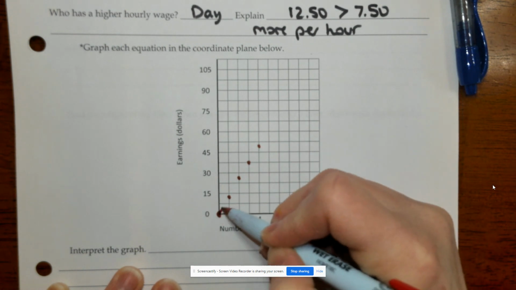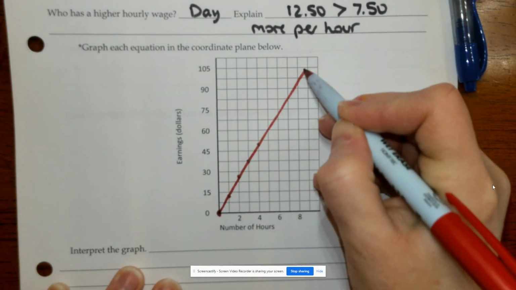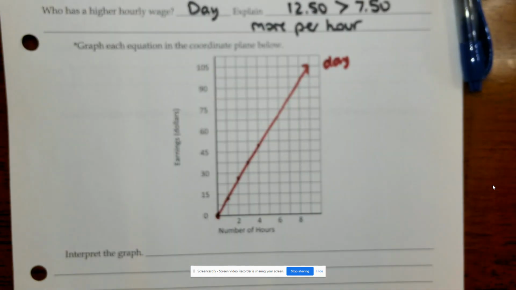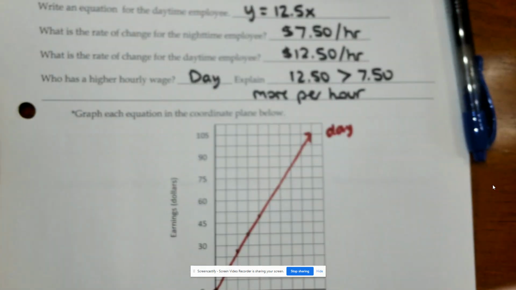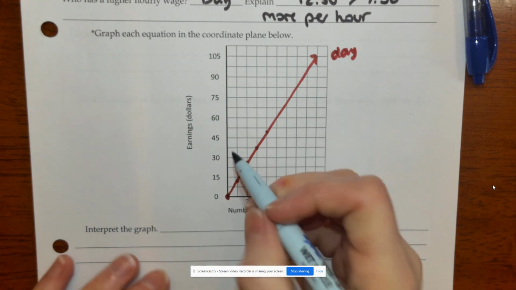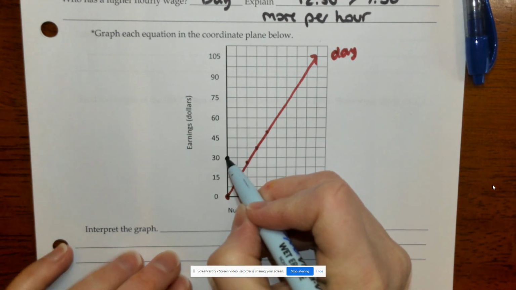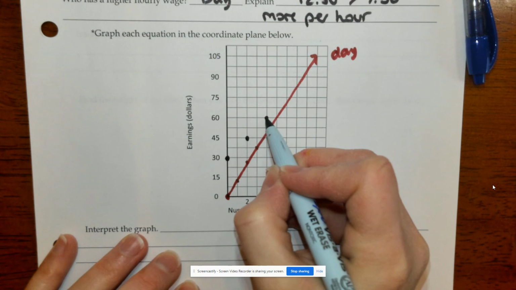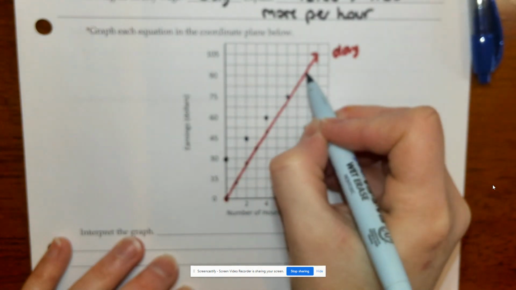Anyway, it's about that. So that's going to be the daytime employee. And then the nighttime employee starts with $30. They have a different starting value, but then they're only making $7.50 an hour. So I'm going to go 2 hours, $15, 2 hours, $15, 2 hours, $15, and so on.